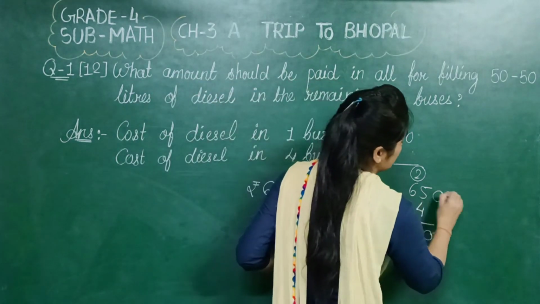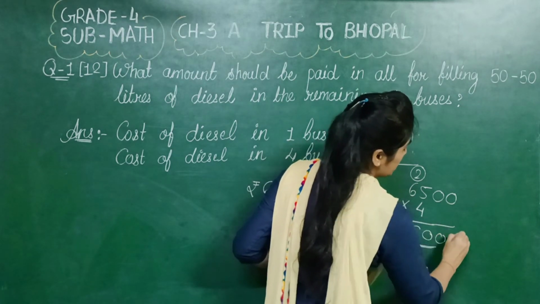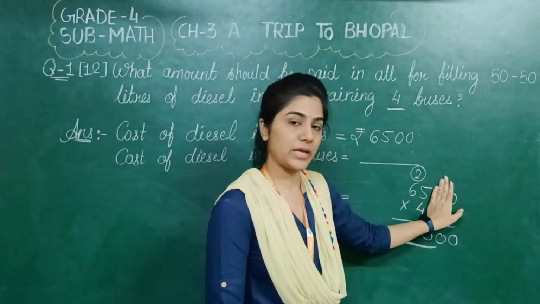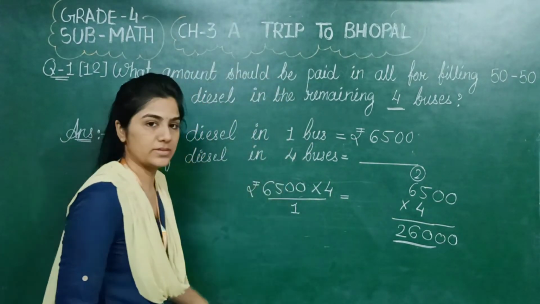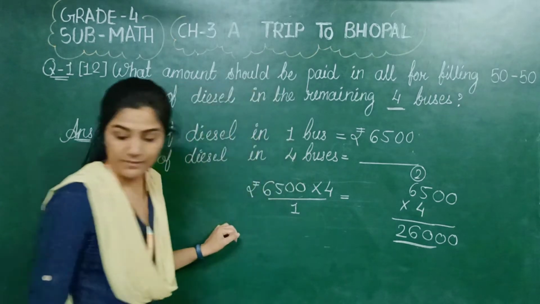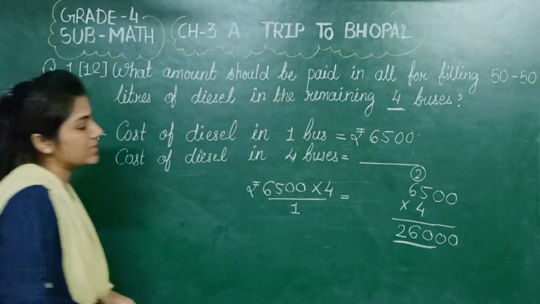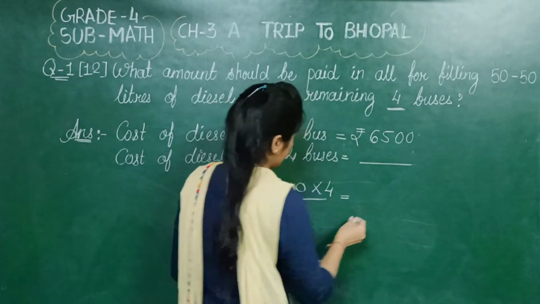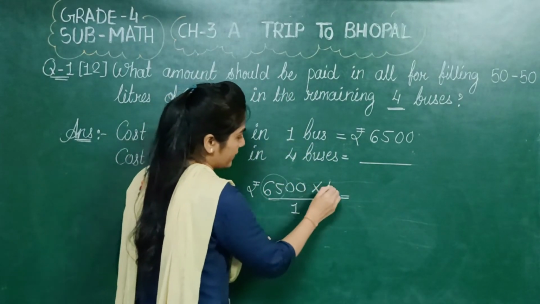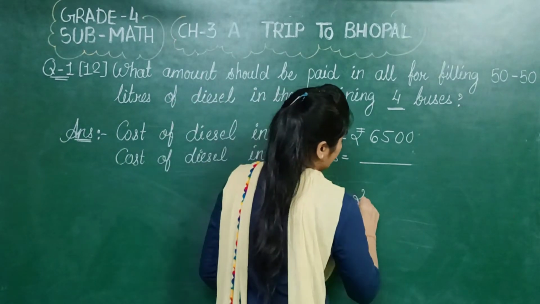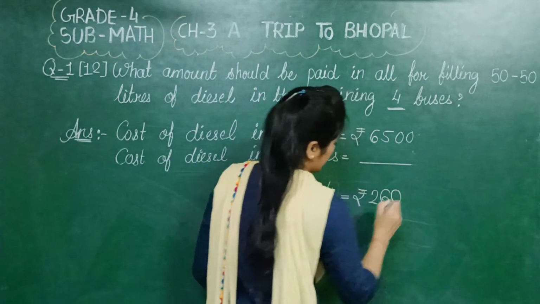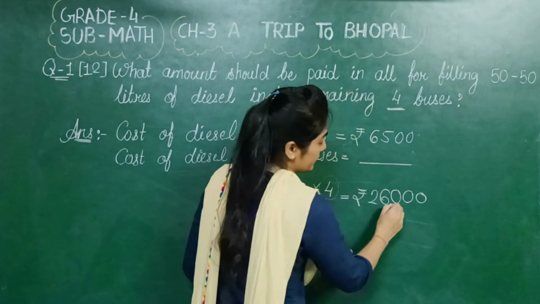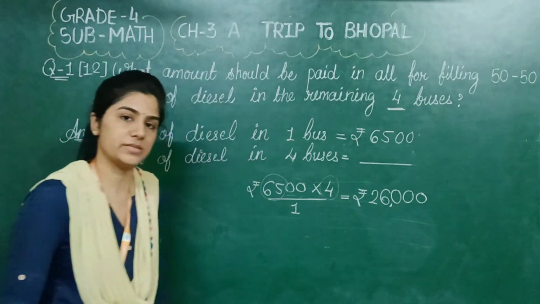You can do simple multiplication and then add this 20 at the back of the answer. So the answer we have got is 26,000. Firstly I multiplied 65 and 4, so we got 260, and this 20 we can add at the back, so 26,000 rupees is our answer.